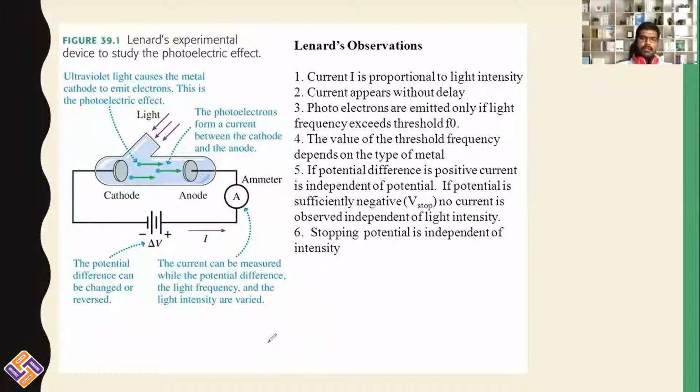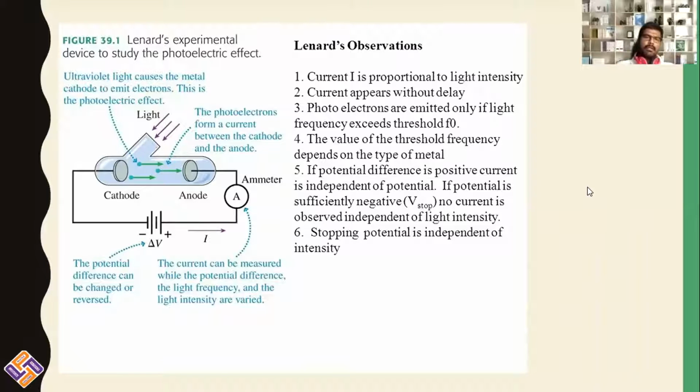Students, in the last lecture we discussed that when a metallic surface is irradiated, if the energy gained by the electron on the metal surface is greater than the work function, it can be knocked out from the metal surface.